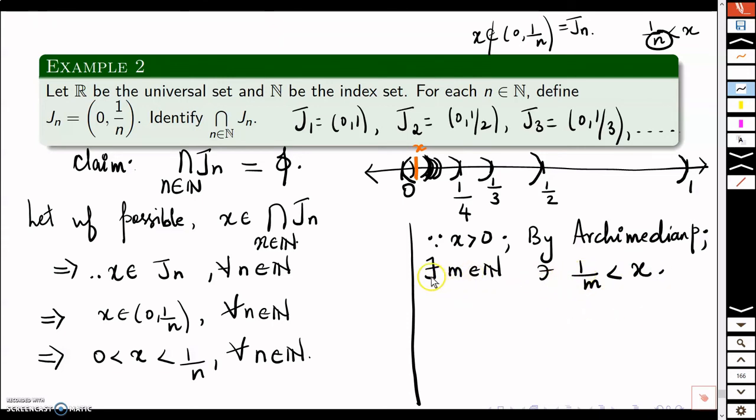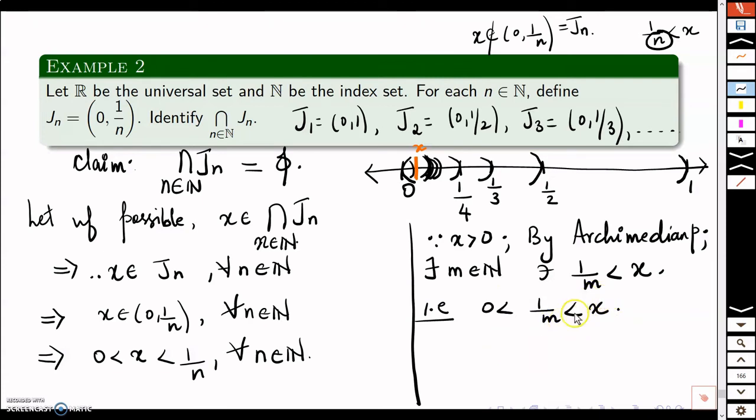So no matter what positive real number x I pick up, I can always produce a natural number m such that 1 by m will be less than x, correct? So this x is bigger than 1 upon m now, and this 1 upon m being positive, we have 0 is less than 1 upon m, and that is less than x.